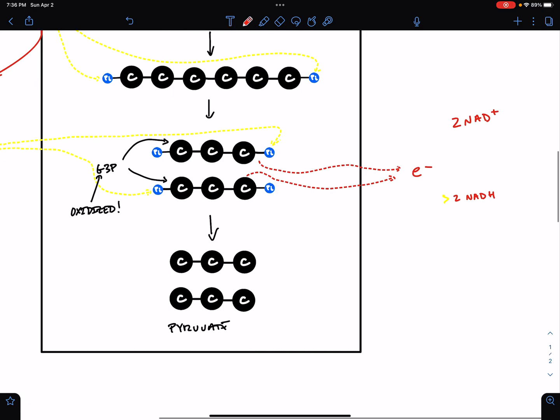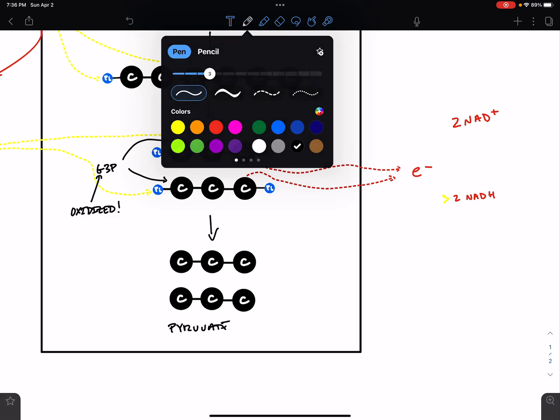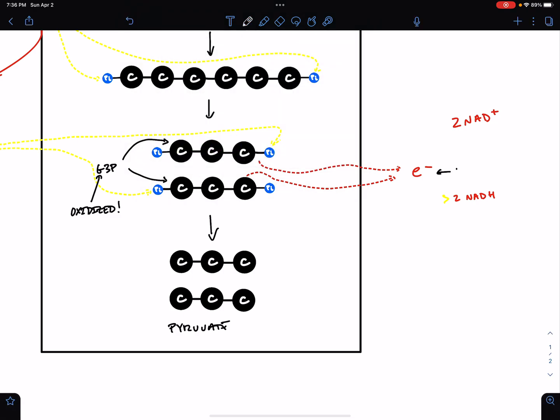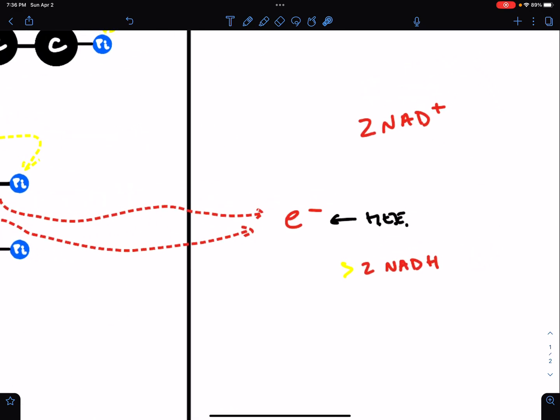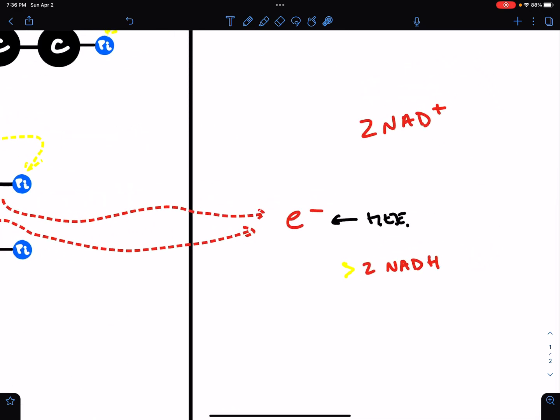And remember, these are high energy electrons that were brought to glucose in the light independent reactions, carried by a special carrier molecule called NADPH.